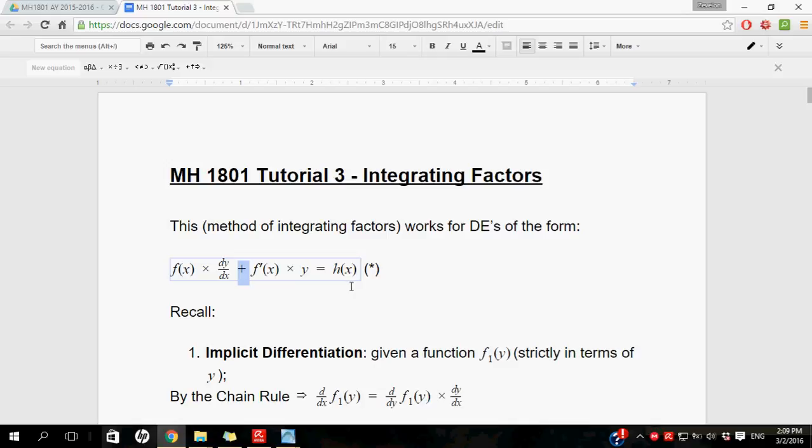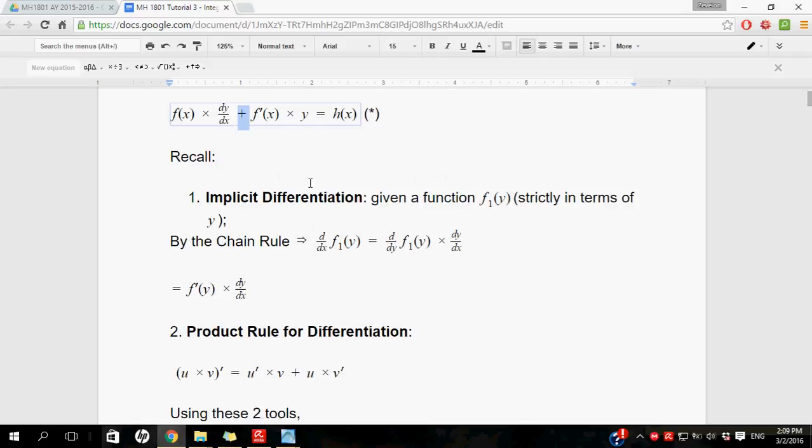Two very important concepts are being used in trying to solve such a differential equation. The first one is implicit differentiation, and the next is the product rule for differentiation.